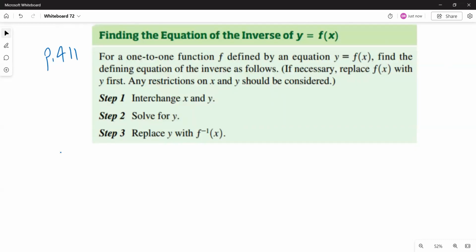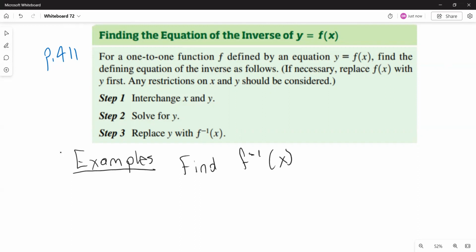So that's what we're doing in the next examples. We are finding f inverse of x. Now I have more than one example this time.